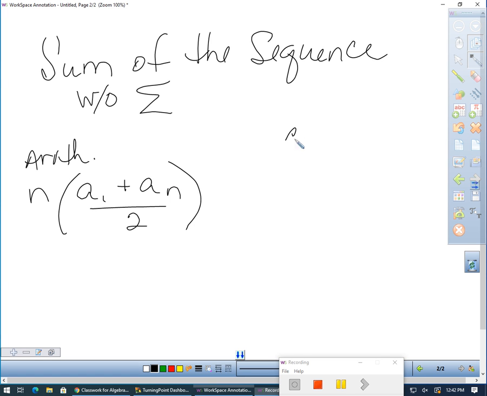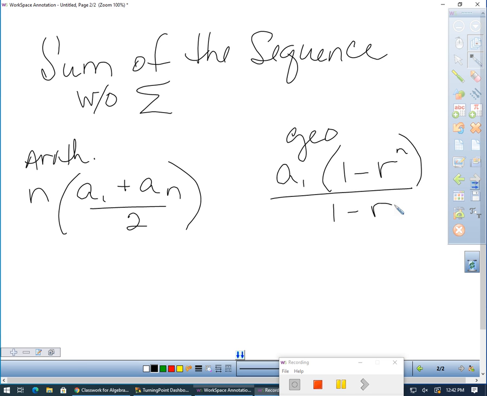If it is geometric, the formula we're going to use is a sub 1 times (1 minus r to the n) divided by 1 minus r. These are going to find us the sum. Okay?